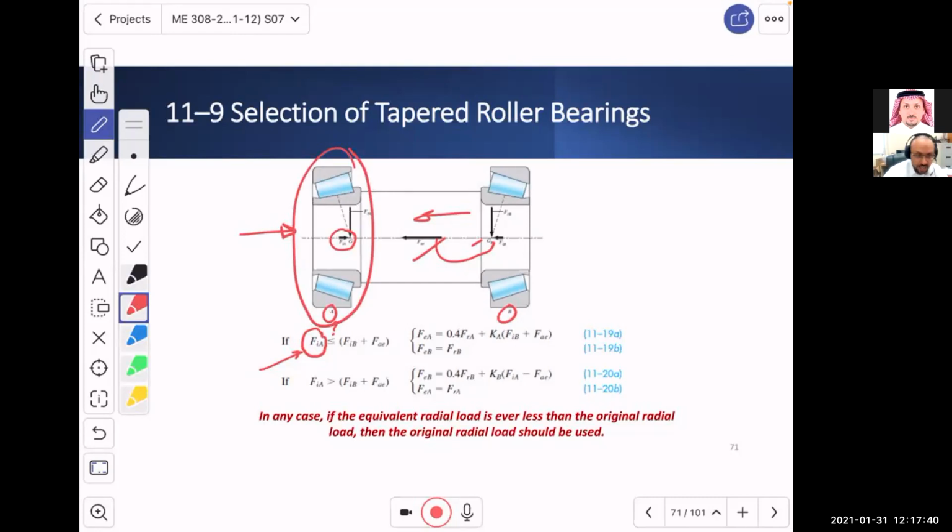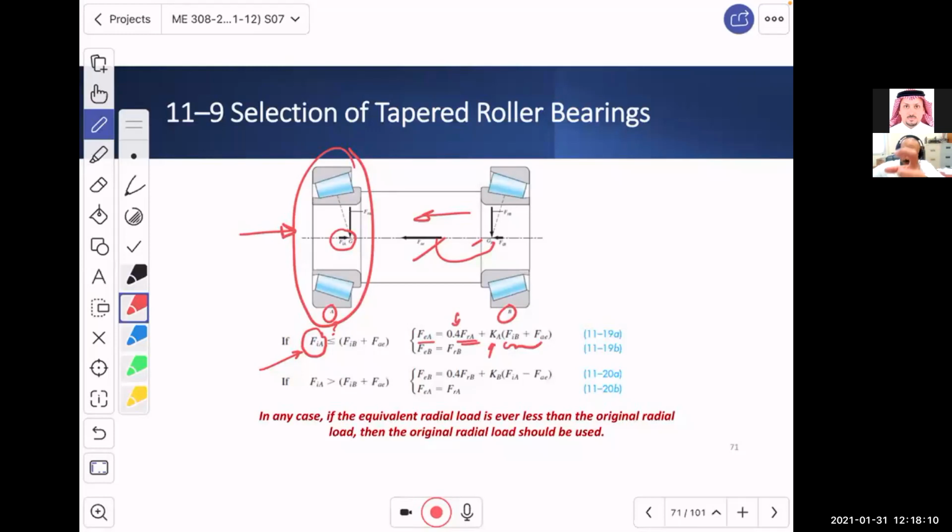The equivalent radial load at A comes from the radial load at A multiplied by 0.4 plus KA, which is a geometrical bearing factor, multiplied by the summation of the other two loads, which are the axial loads, right? This is the axial load.